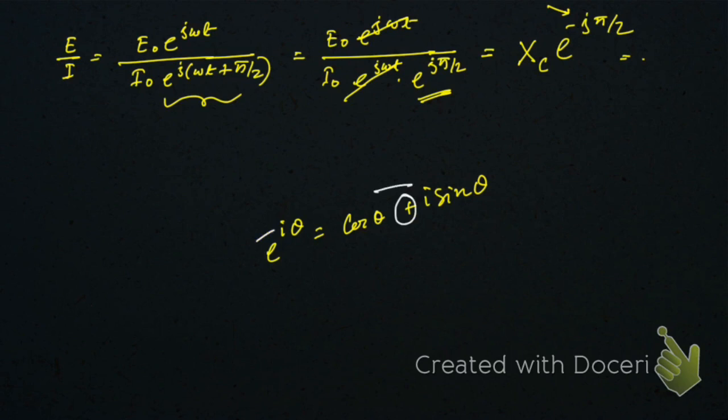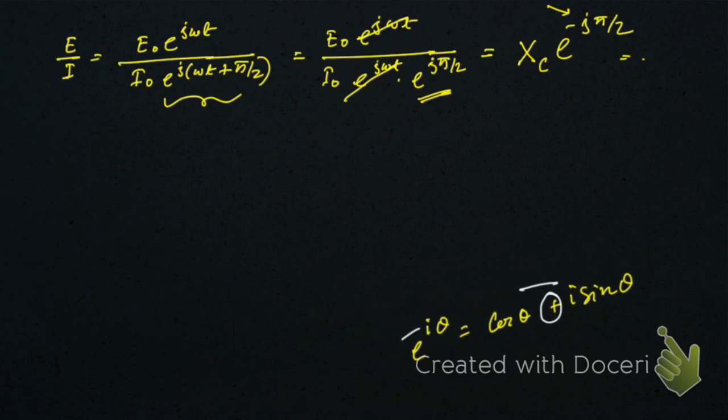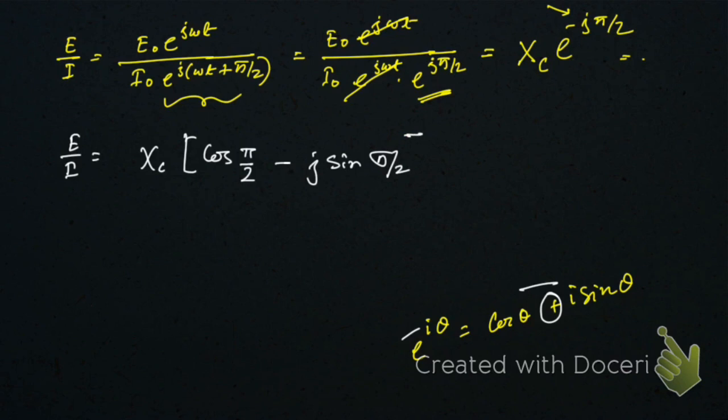So we can write E by I is equal to XC into cos pi by 2, since instead of theta we now have pi by 2, minus j sin pi by 2.